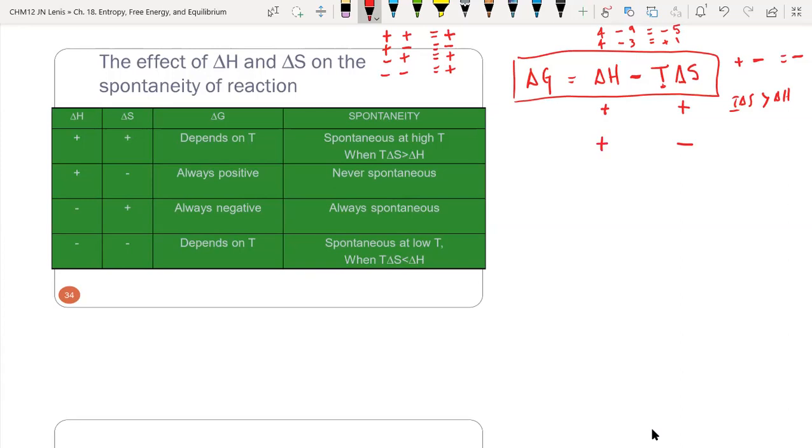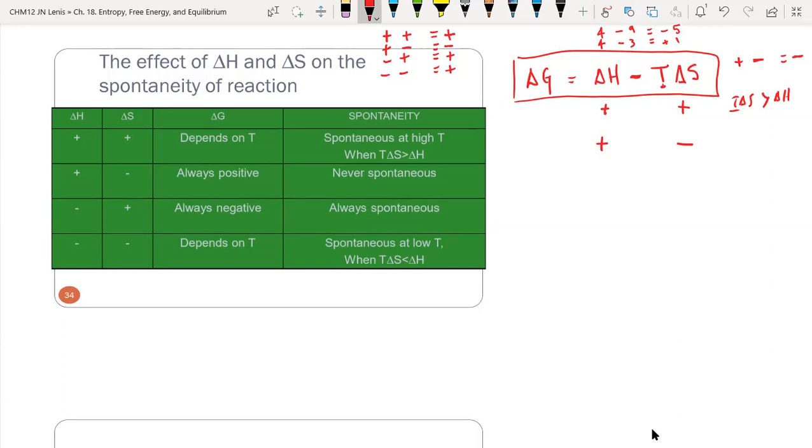So nature doesn't like this portion being positive. Does nature like to have more entropy? Yes. So nature loves that, and everything will depend upon temperature only.